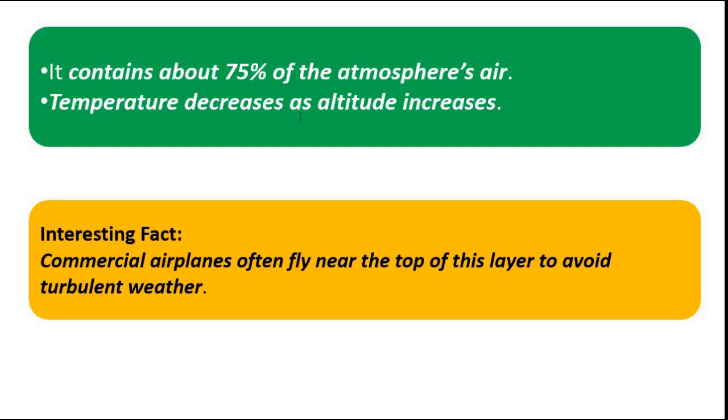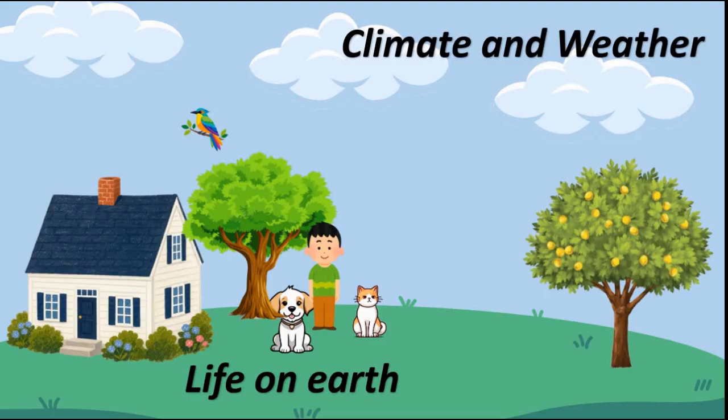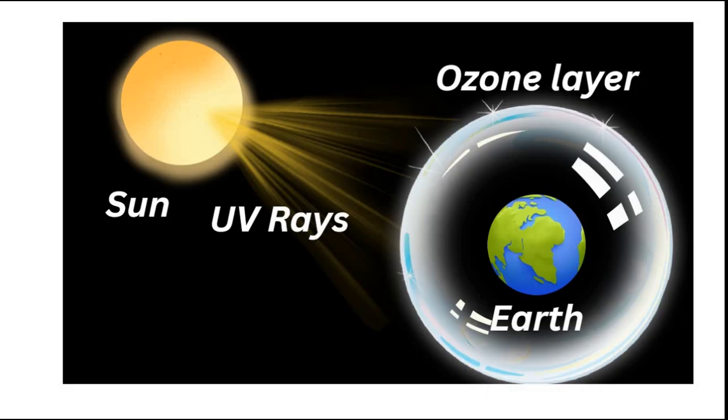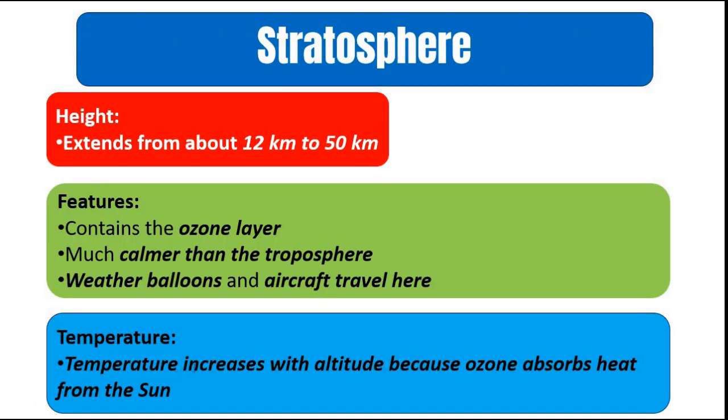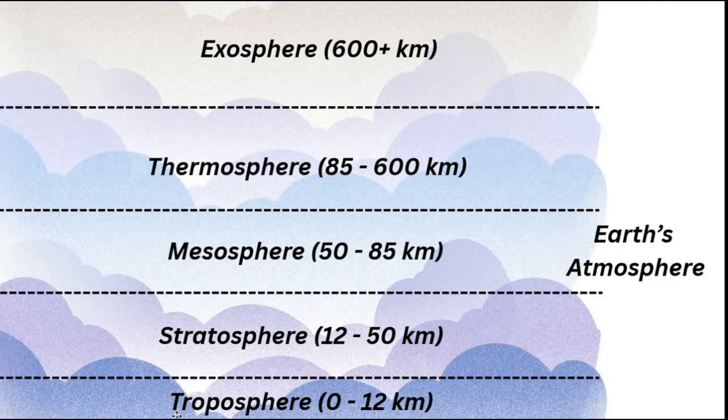For troposphere, it decreases as altitude increases, and for stratosphere the temperature increases with increase in height, because of heat absorption by the ozone layer. So these are the first two layers. The others we'll discuss in an upcoming video, a separate one.